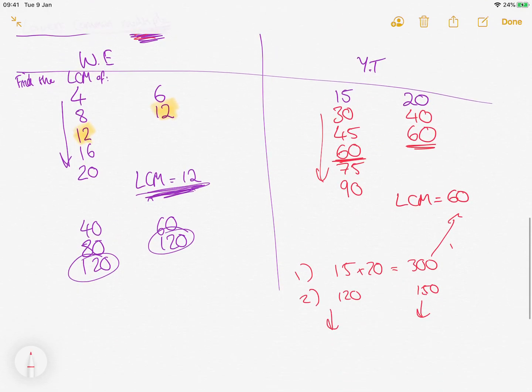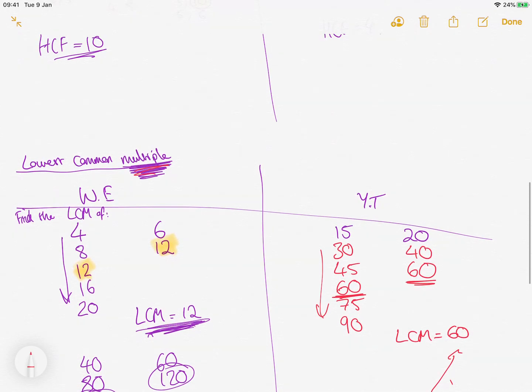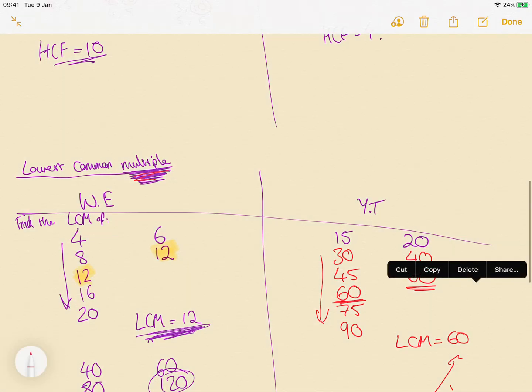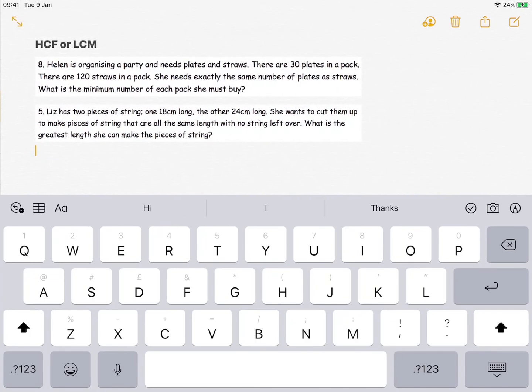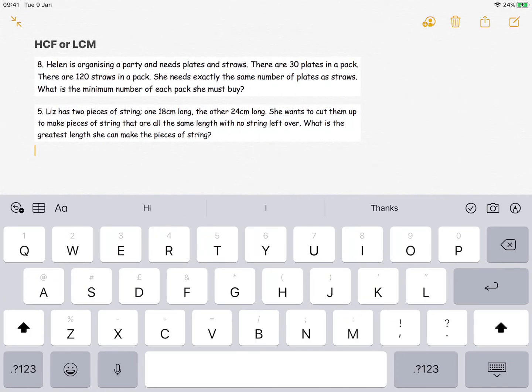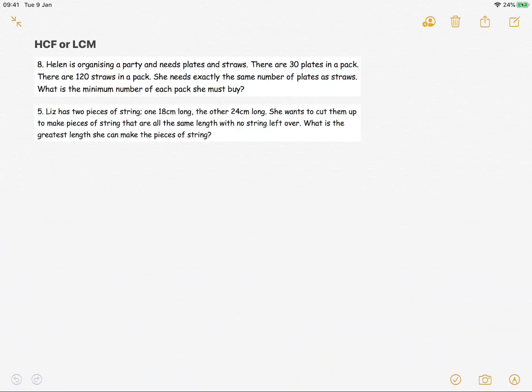What I'd like to do now then, because the question won't always be as straightforward as find the highest common factor or find the lowest common multiple. They're sometimes in worded questions. So what I'd like you to have a go at is have a read of question 8 and 5. I just picked them from something I found, and all I'd like you to do is just say, do you think the question is requiring you to find the highest common factor or the lowest common multiple?